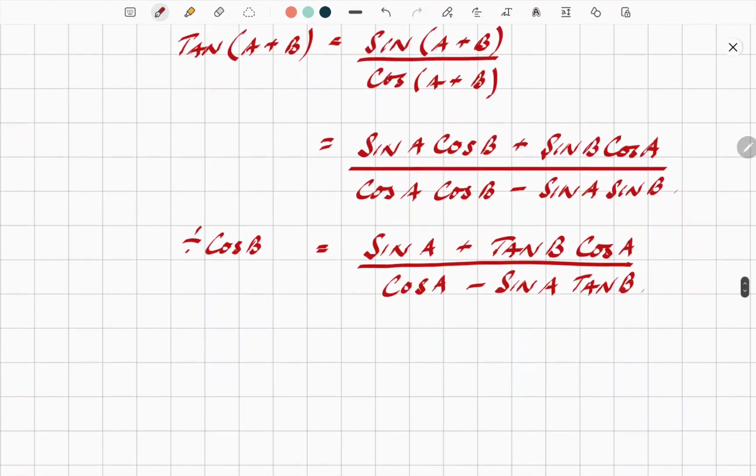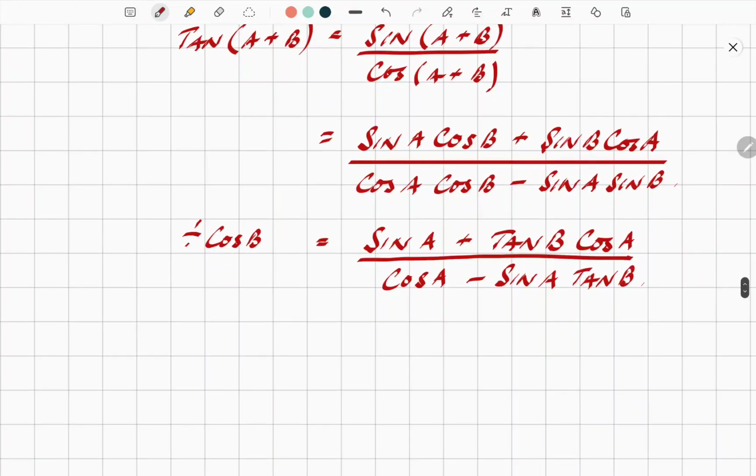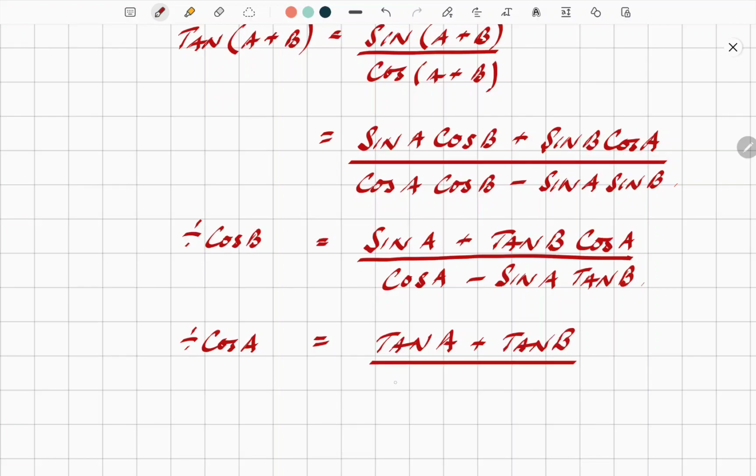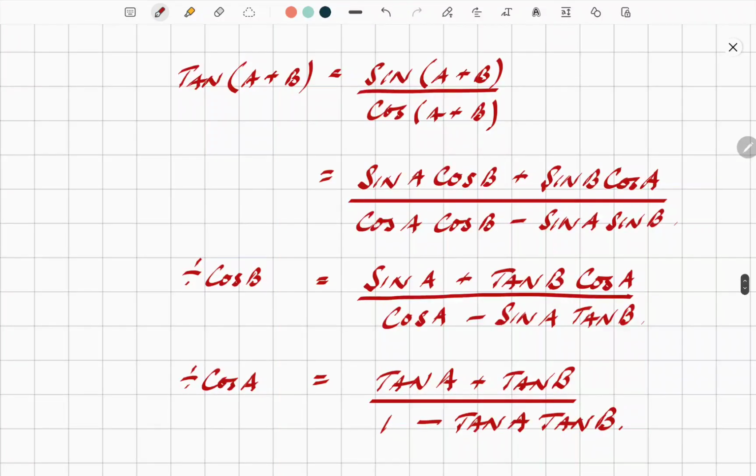And then we divide everything by cos a, and we get tan a plus tan b over 1 minus tan a tan b. Okay, that's just a little fun bit to end the video with.